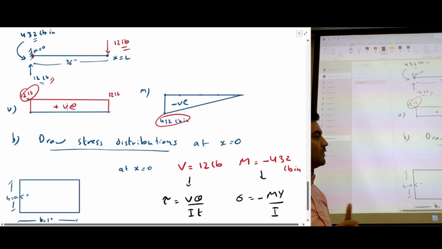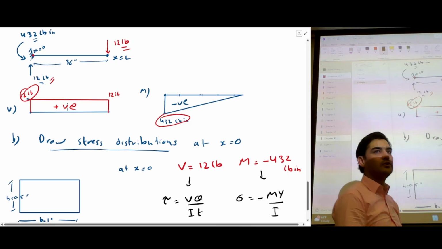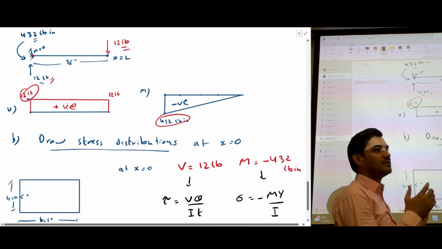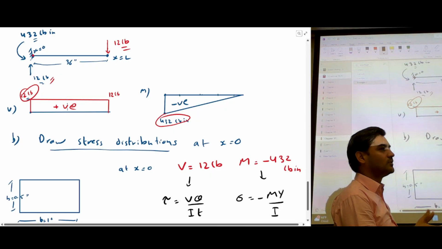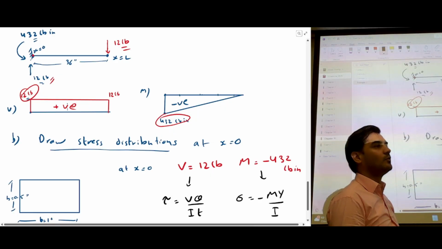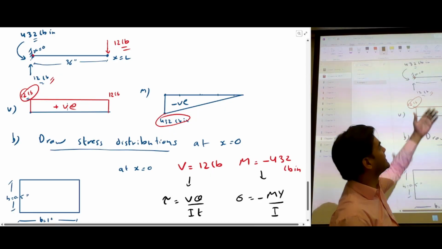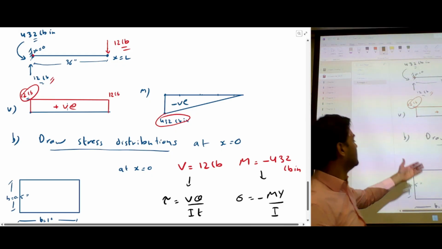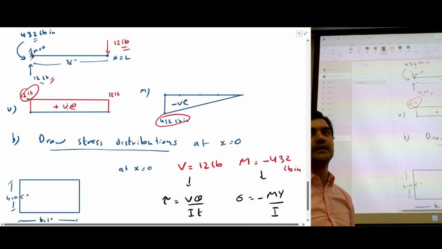Once you have the stress element, you can do Mohr's circle and stress transformation. You can calculate principal stresses and maximum shear stresses. Then you can compare with the yield criteria and figure out if we will observe failure, or if it is safe to put a 12 pound load on this cantilever beam with this cross section. So that's the whole flow.